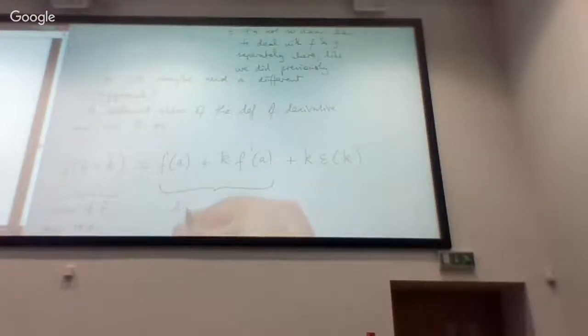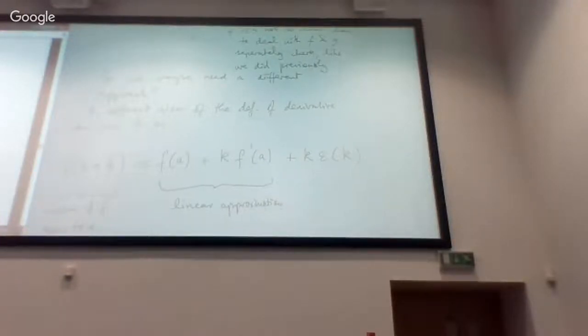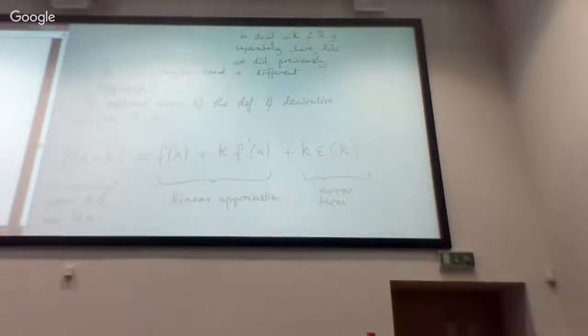This part here is what's known as the linear approximation. What we're saying is that the value of f close to a is given by this linear approximation, which we'll examine closely in a moment, plus this error term. And the error term has a particular property.